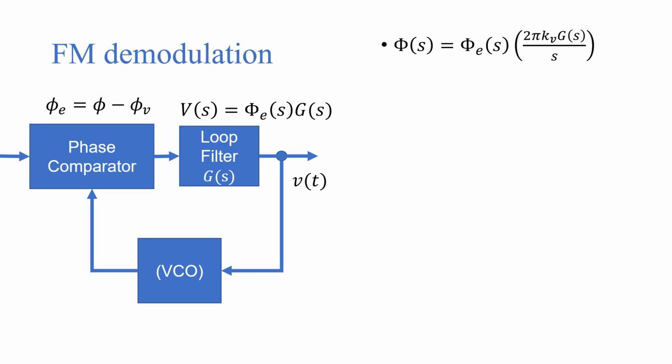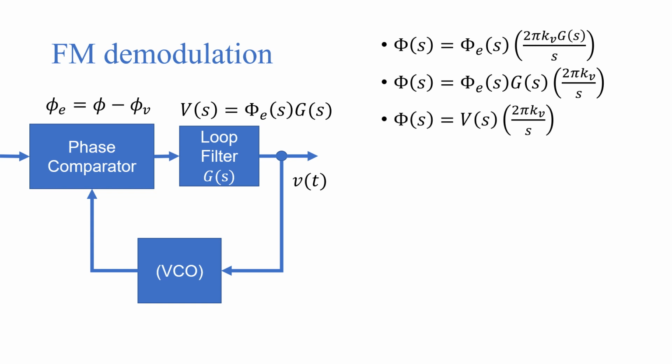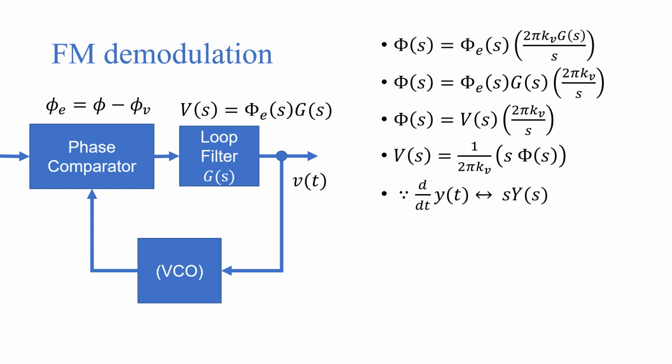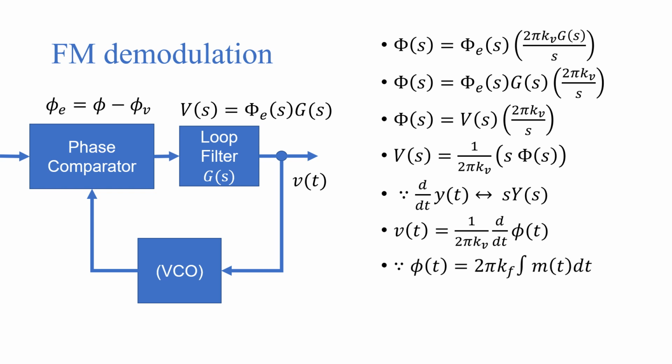Now again using the factored product phi_e(s) and G(s) gives the VCO input V(s), and then rearranging to write V(s) as a function of phi(s), and noting the derivative in time domain as a multiplication by s in Laplace domain, the inverse Laplace transform gives v(t) proportional to the derivative of phi(t). Since phi(t) originally was the phase of the incoming FM modulated carrier and that phase was proportional to the integral of the modulating signal m(t), we obtain v(t), which is given in terms of m(t).